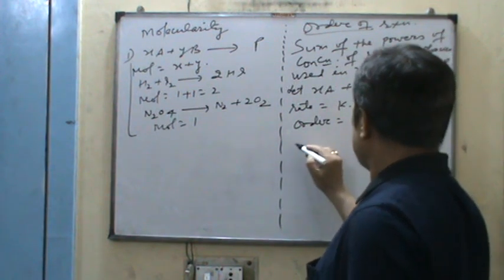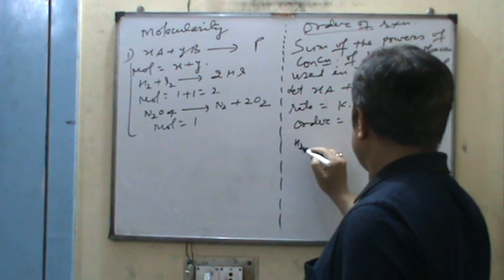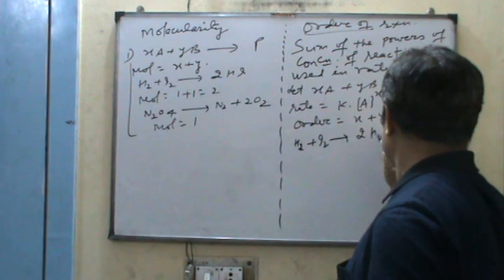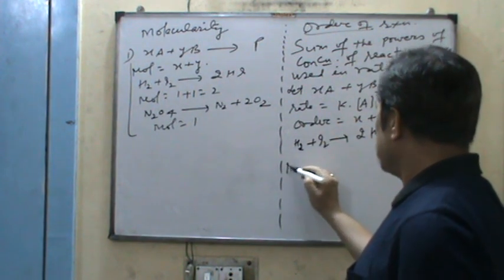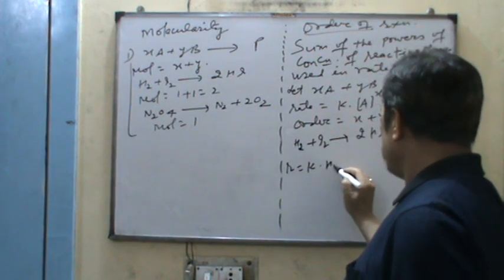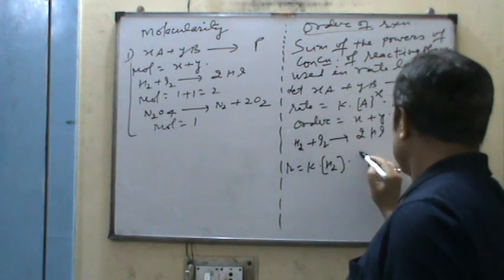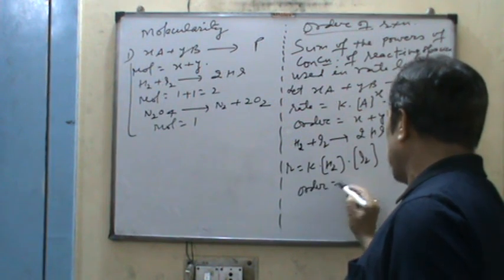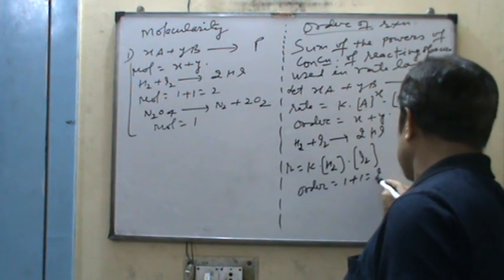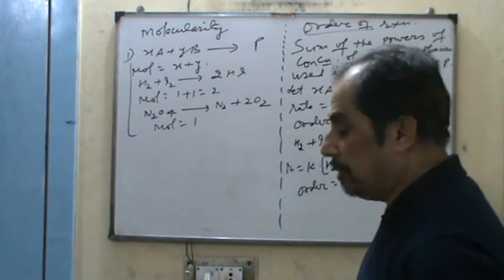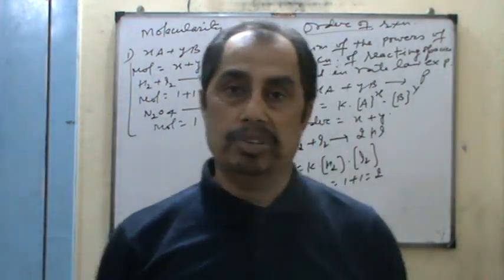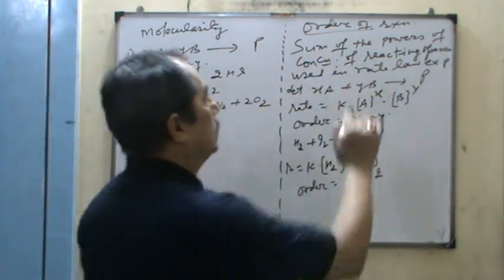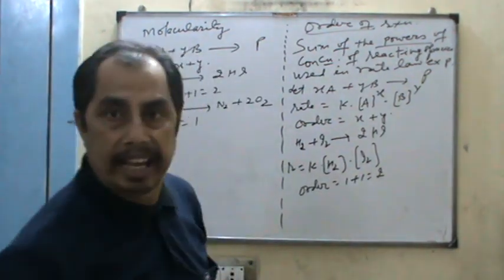If I say H2 plus I2 gives 2HI, anybody tell me what is the order of the reaction? Rate is equal to K into [H2] to the power 1 into [I2] to the power 1. So the order is the sum of the powers, 1 plus 1. Whatever the exponent is given for the concentration, that way you can calculate the order of reaction: the sum of the powers of the concentration of the reactants.